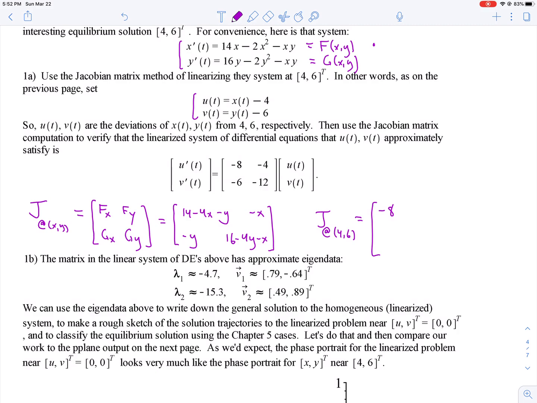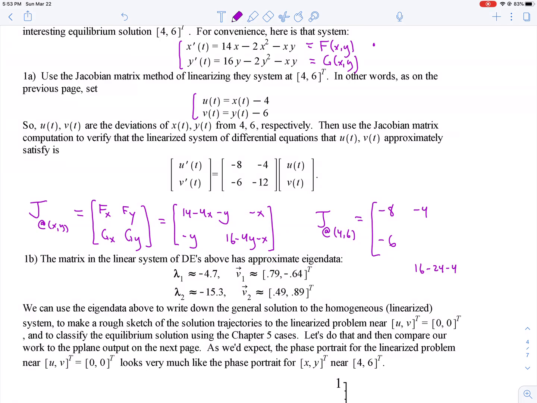And the f sub y is just negative 4. And the g sub x is negative 6. And the g sub y is 16 minus 24 minus 4.